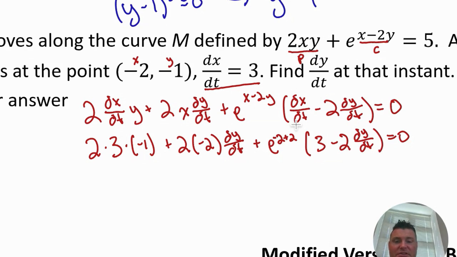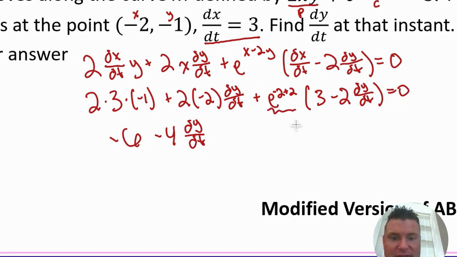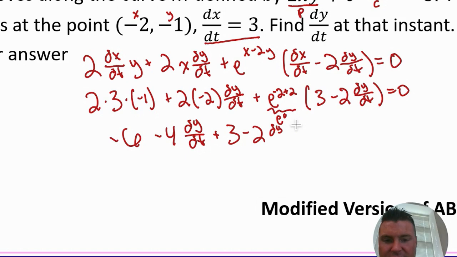Now for this e term, actually no, I'm getting ahead of myself. 2 times 3 times -1 is -6. And then minus 4 dy/dt. This e term right here, now I'm ready for it. This is really e to the 0, which is 1, so that kind of just vanishes in front of my factor here. So I'm going to just distribute that 1 all the way through. I'm going to get plus 3 minus 2 dy/dt equals 0.